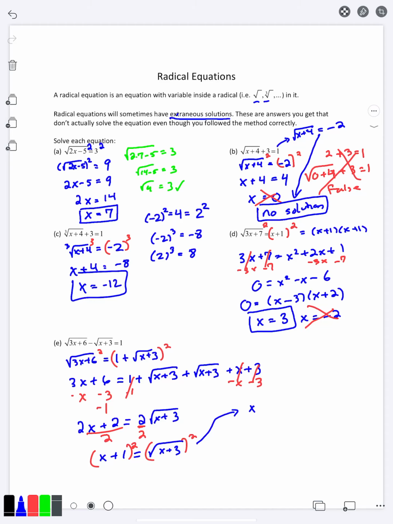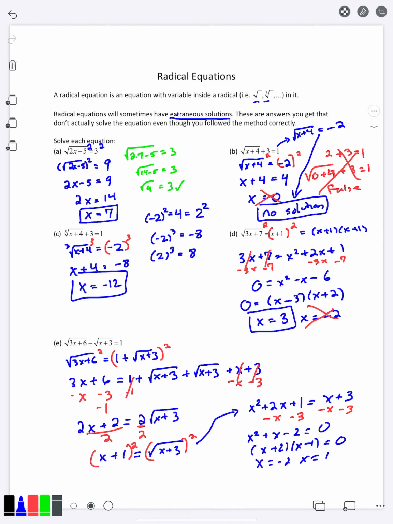Go ahead and FOIL there, x squared plus 2x plus 1. And the square root of x plus 3 squared is x plus 3. Go ahead and subtract my x, subtract my 3. X squared plus x minus 2. I can go ahead and factor this.